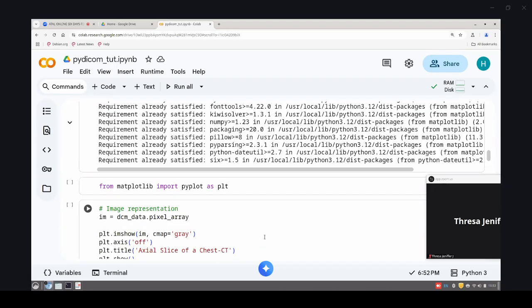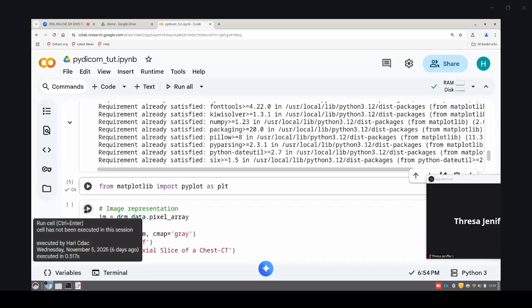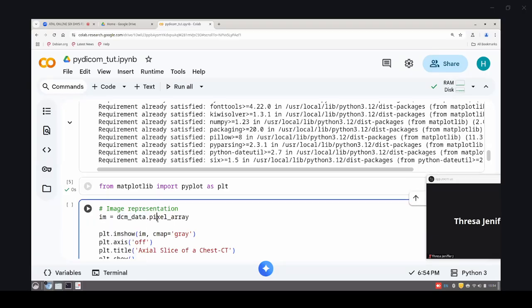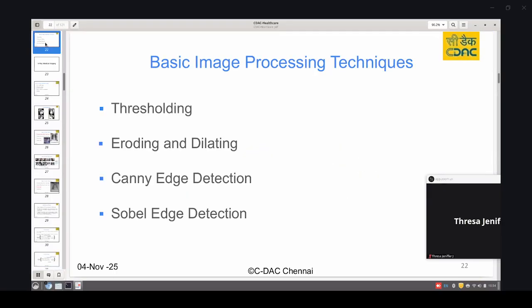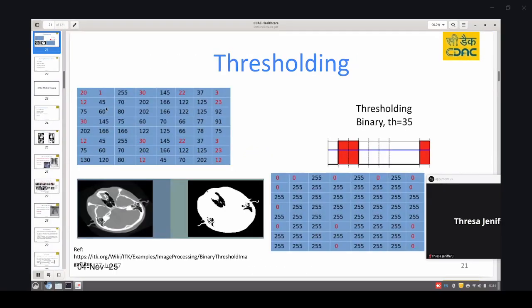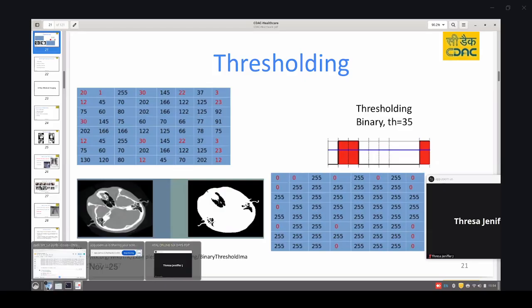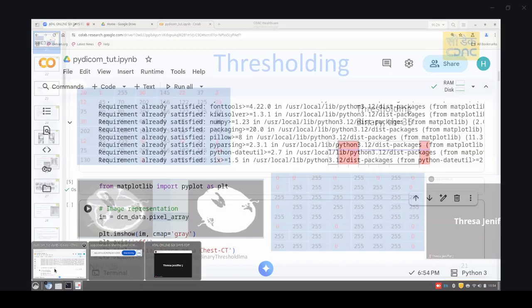That is why I am using dcm_data.pixel_array to represent the image part, because as image processing engineers looking to do deep learning identification, I am interested in this pixel array, which is the matrix I defined earlier. Generally, this is a matrix used for representing the image. So we are interested in pixel array, which contains this matrix.